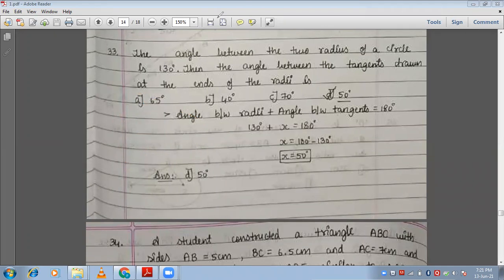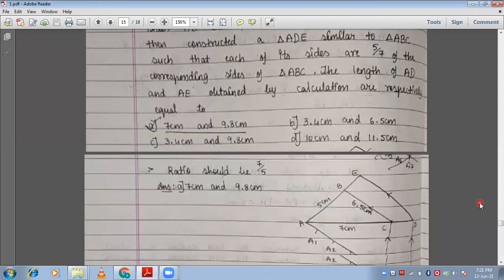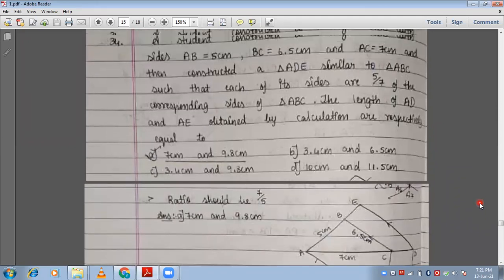Next sum. A student constructs a triangle ABC with side AB equal to 5 centimeters, BC equal to 6.5 centimeters, and AC equal to 7 centimeters.